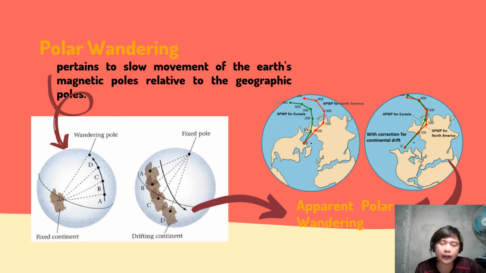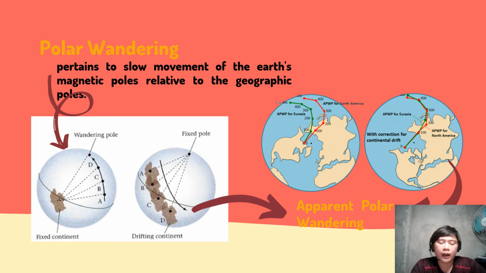As you can see on the image there, on the left side, in the polar wandering curves, the curves from Asia and North America seem to show that the North Magnetic Pole was located in two places simultaneously throughout history.